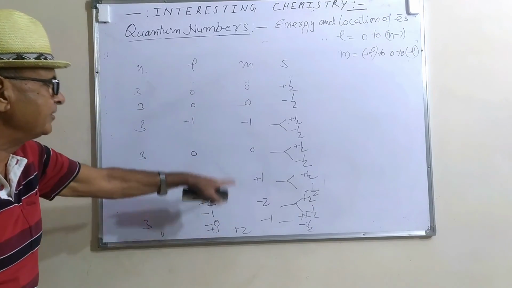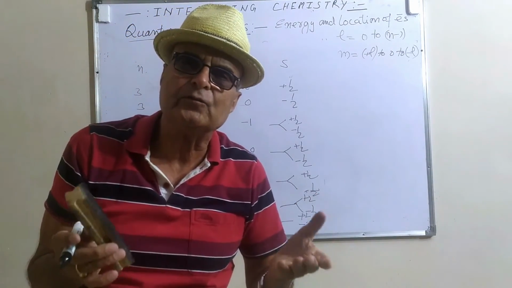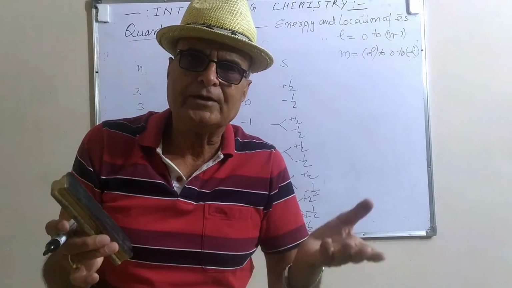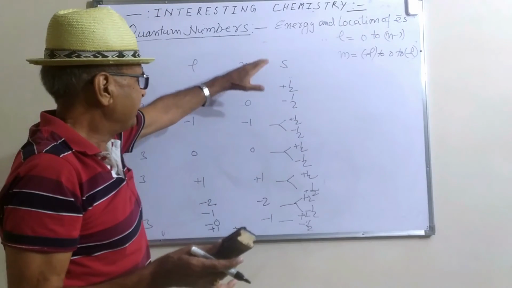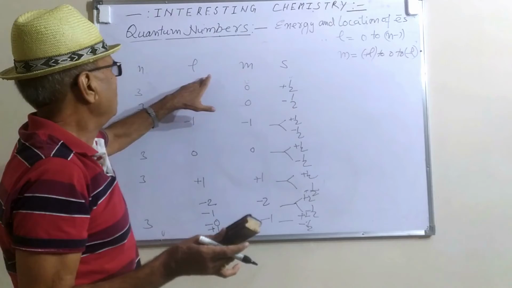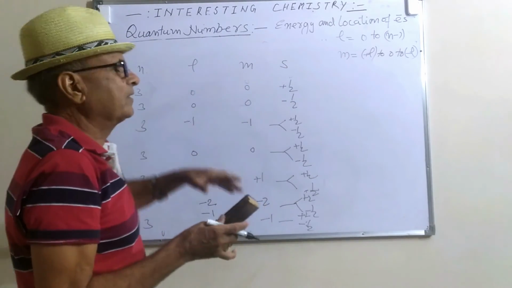So you can write in this way. In this way you can find the values of all types of quantum numbers. You can make a table of this, a table about the values of quantum numbers.